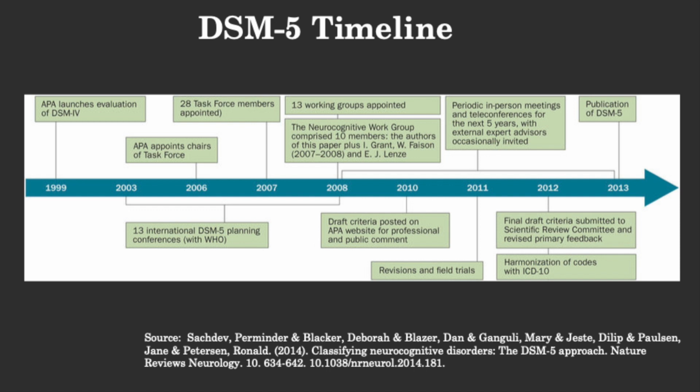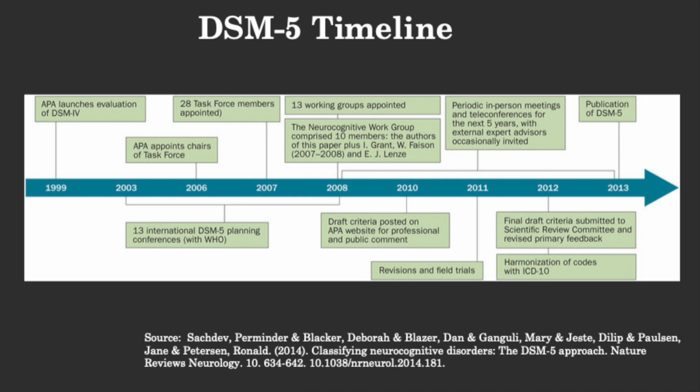In 1999, they started thinking about the DSM-5, right before the text revision is published. You've got 5 years of international conferences about the DSM. You've got task force members. You've got 13 working groups.